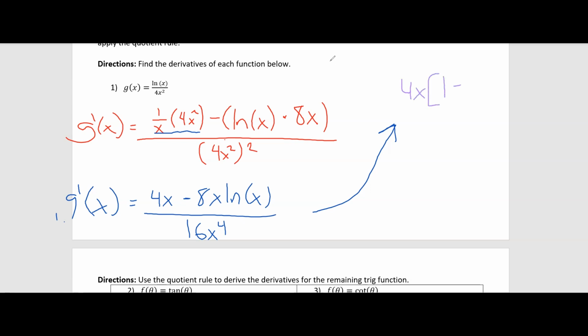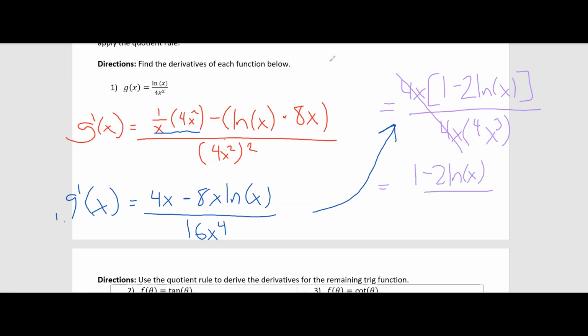And I'm left with 1 minus 2 natural log of x all over 4x times 4x cubed. That is going to give me, after these simplify, 1 minus 2 times the natural log of x all over 4x cubed. That is going to be my derivative g prime of x.